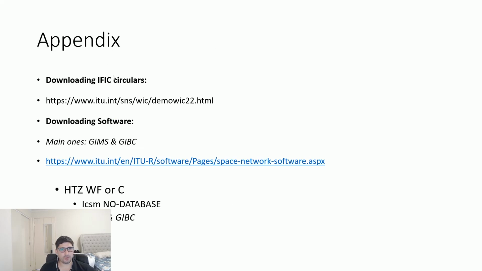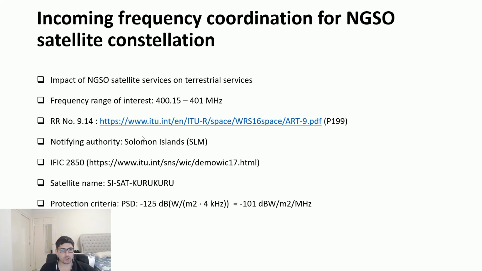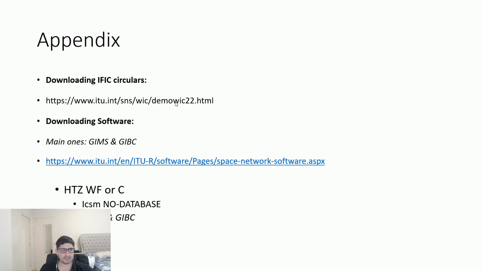So you need to make sure you download the specific IFIC database circular number 2850. We need to download this one from ITU directly, and also, as a requirement, you need to install these two ITU software, GIMS and GIBC.